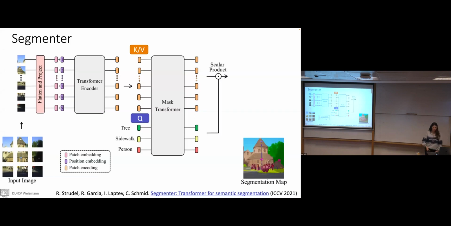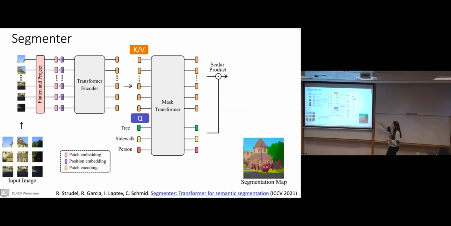Okay, so given the output embedding of each one of the classes that we want, and for the patches, each one is a vector of the same size. What we're going to apply now is a scalar product, or a dot product, between each one of these tokens.